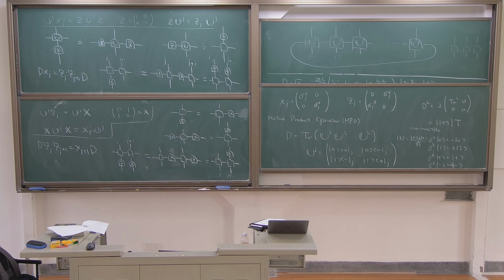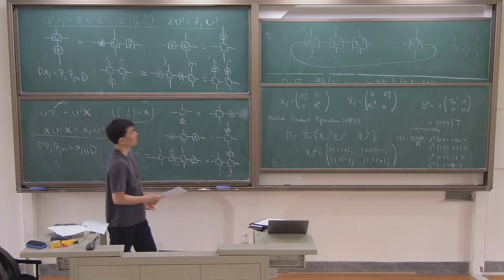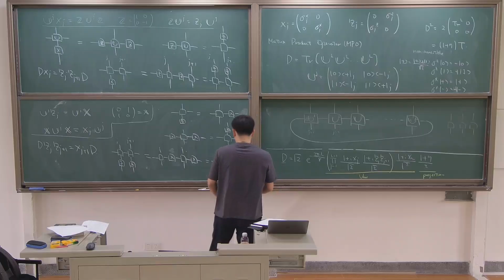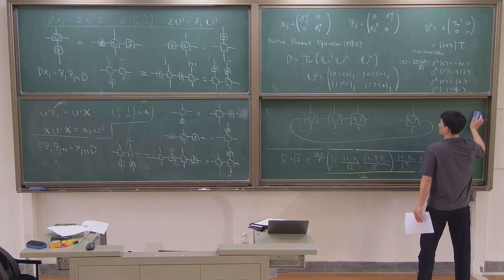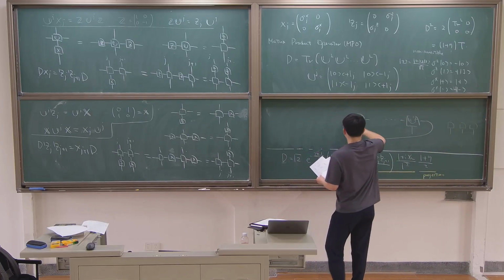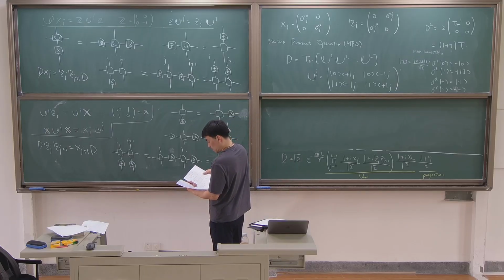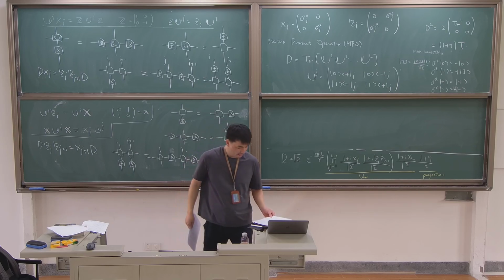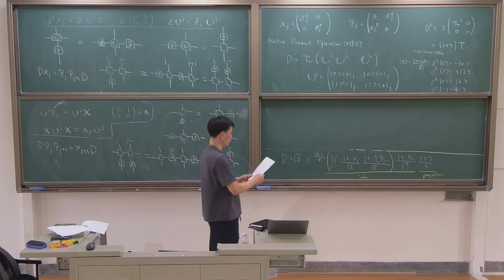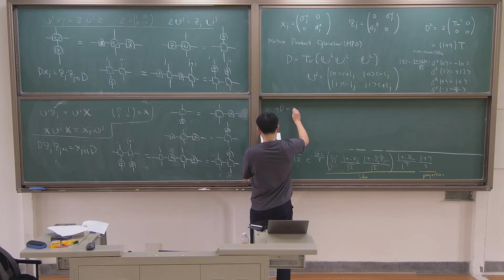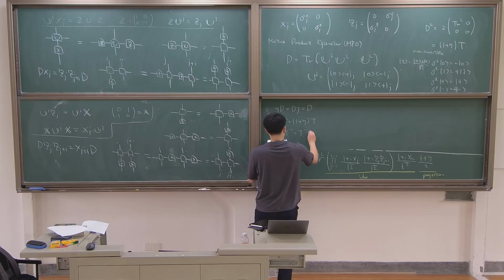Okay. Unfortunately, I already erased. So what we have is another relation: eta D is equal to D eta is equal to D, and then the other is D squared is equal to 1 plus eta times T, and another thing is D T inverse T is equal to D dagger.